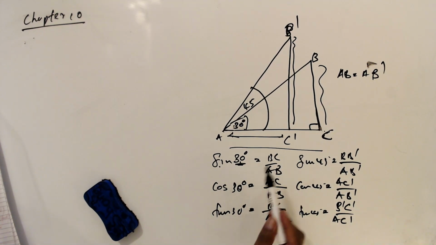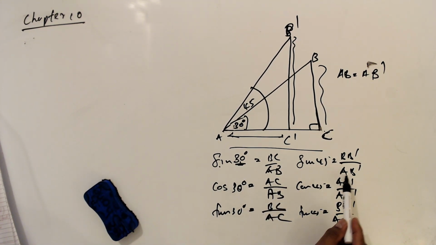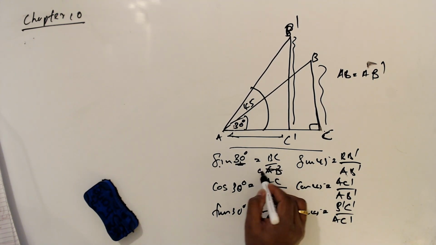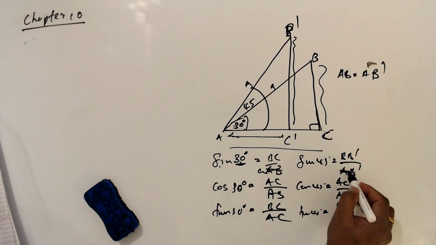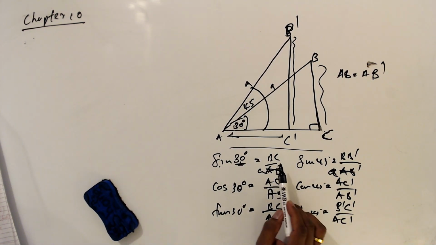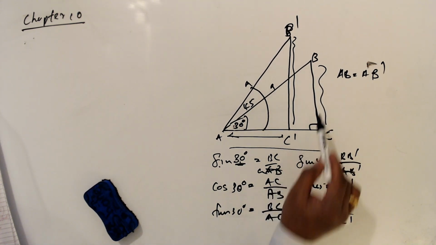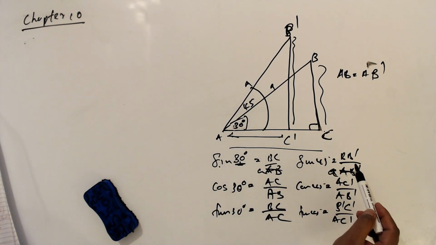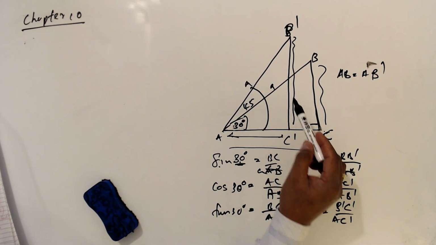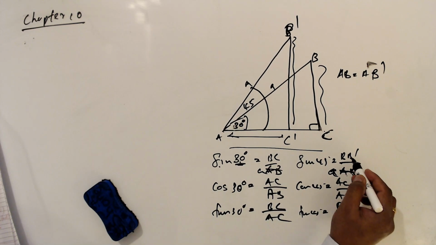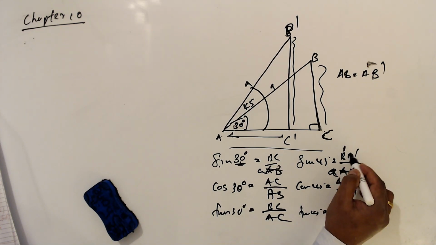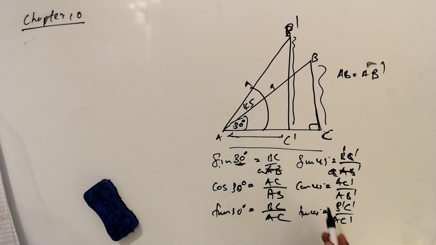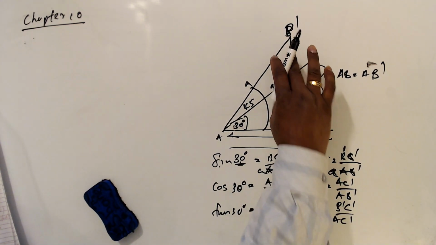Now you can see that AB and AB dash are the same, so if I write this is A, this is also A. In this one, the length BC is very small, but B dash C dash is now bigger than BC.